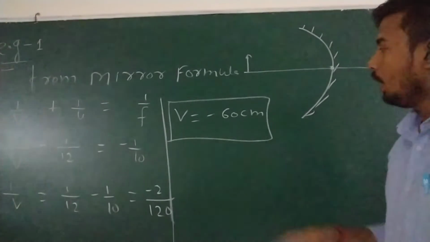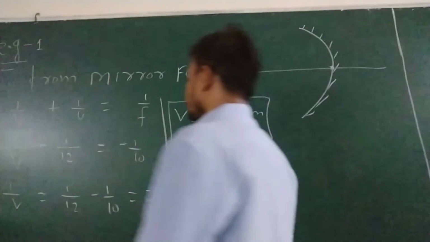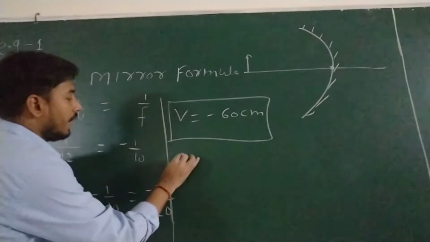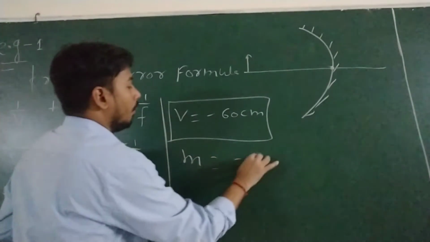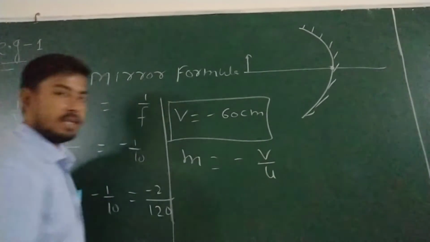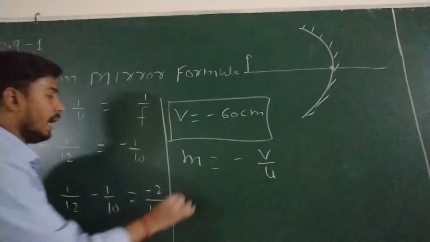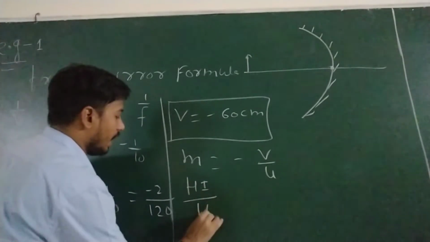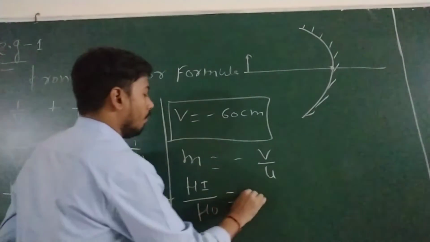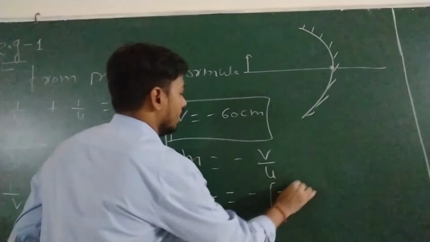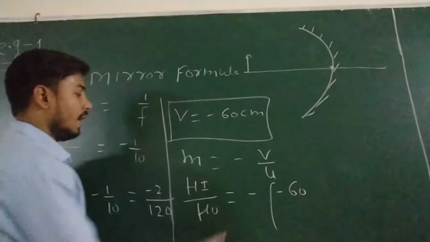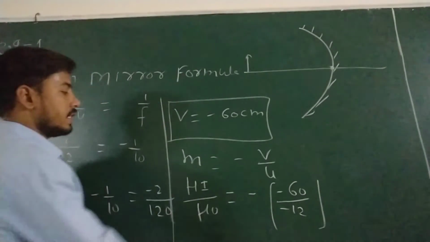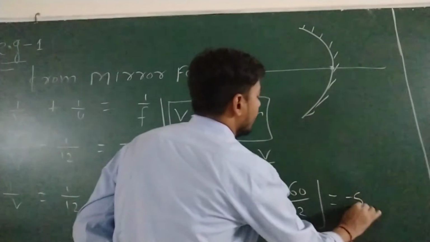Right? Okay. Second thing, we have to calculate the height of the image. We know that M is equal to minus V by U, and M is also height of image divided by height of object. Put in these values: this is minus 60 and this is minus 12, so this will come minus 5.